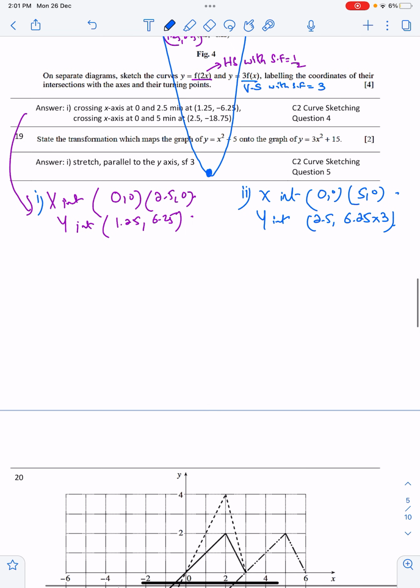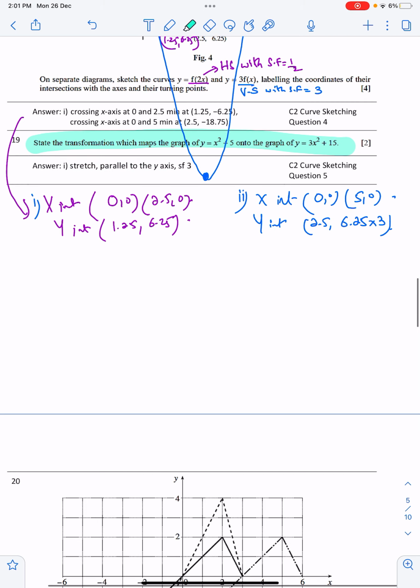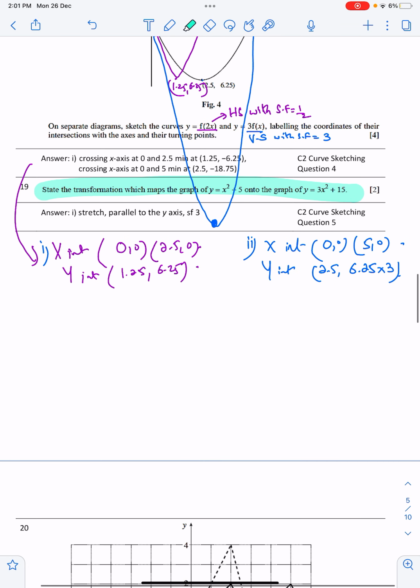Okay, question number 19, if you can just focus your attention on this question. It says, state the transformation which maps the graph of y equals x squared plus 5 onto the graph of y equals 3x squared plus 5. If you notice, the original graph is x squared plus 5, and it is being multiplied by 3.